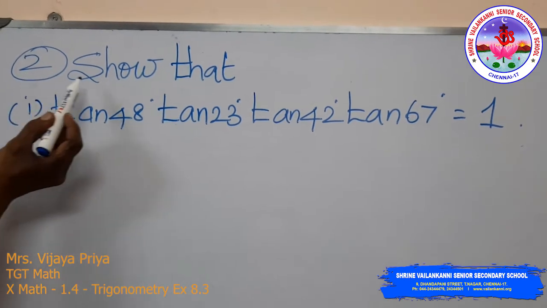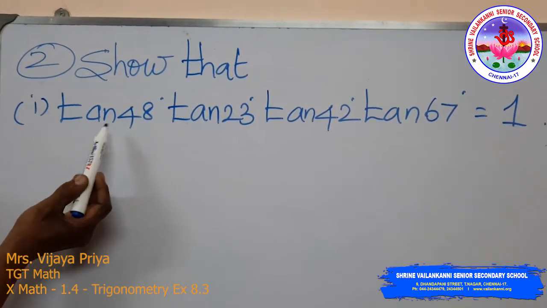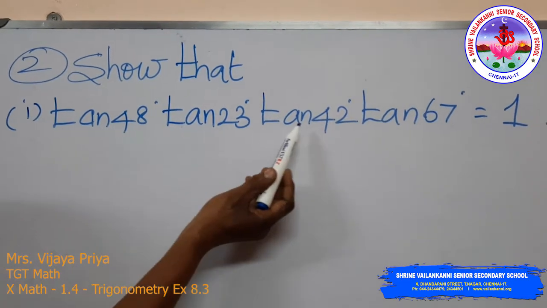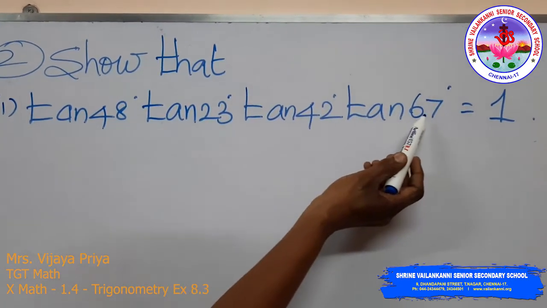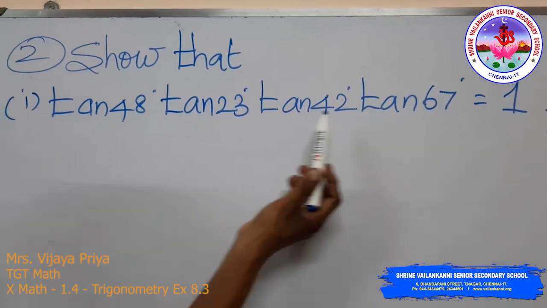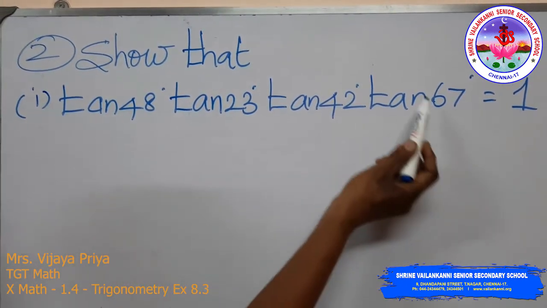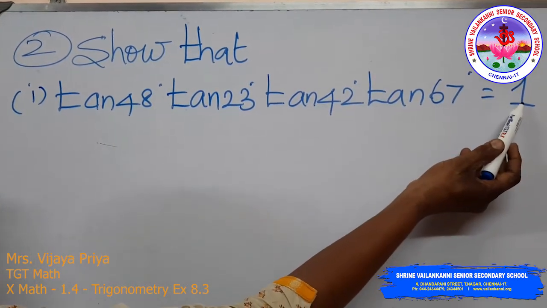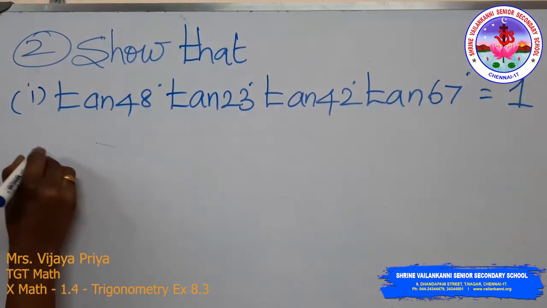Second problem. Show that tan 48 into tan 23 into tan 42 into tan 67 is equal to 1. So we want to prove that your left hand side answer is equal to 1. Solution.